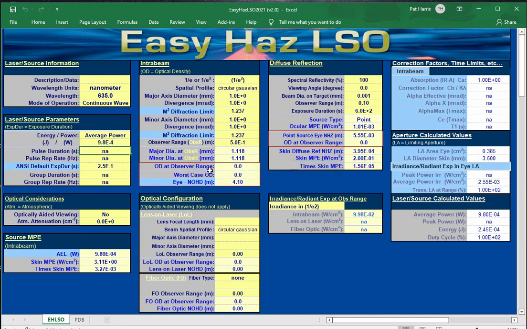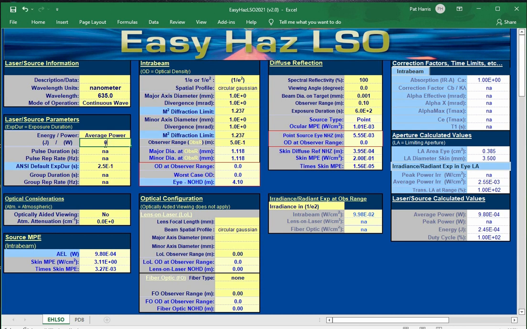And we can see that our OD at observer range is 0. Of course, our worst case OD is the same. Now, don't be alarmed that we actually have a bit of an NOHD here, because this is a mathematical thing about the divergence and numbers. So this is just saying that we're not quite at 0 yet. Okay. So don't worry about this. This is common. This has to do with just math.